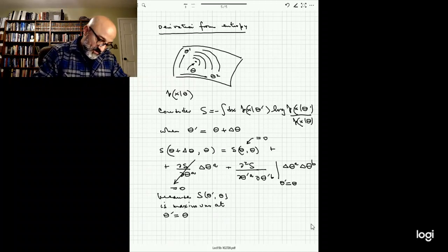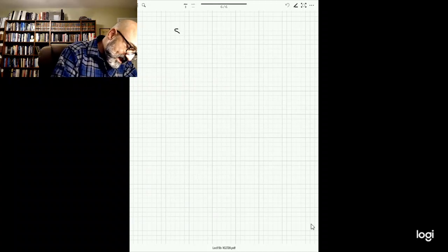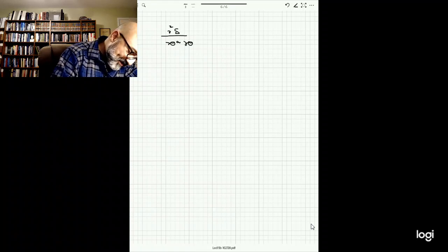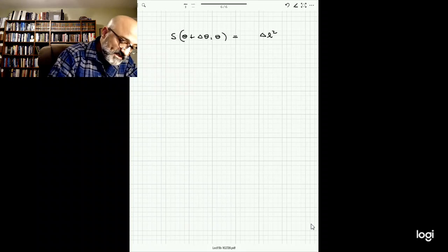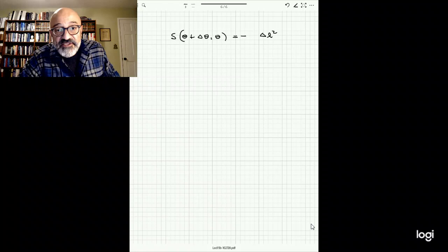So we're going to propose that S of theta plus d theta, comma theta, is going to be a distance with a minus sign.